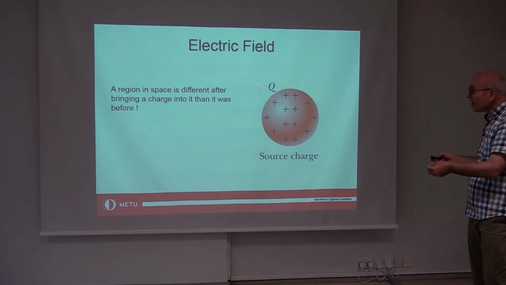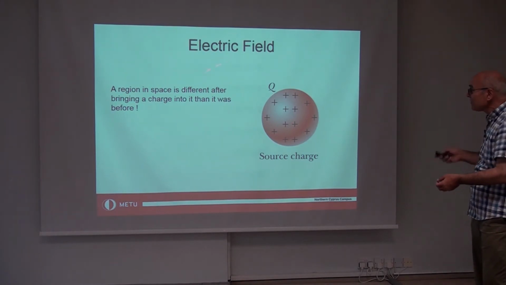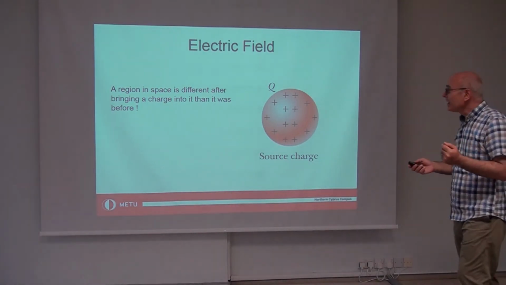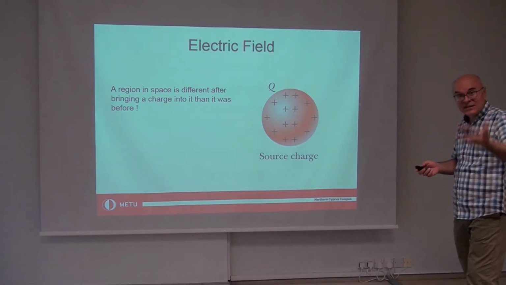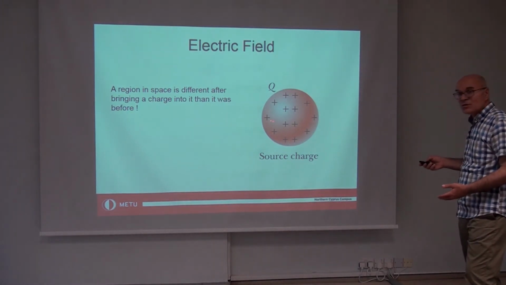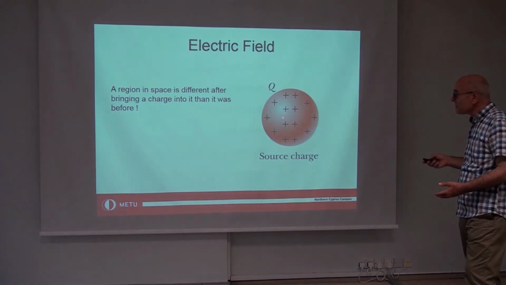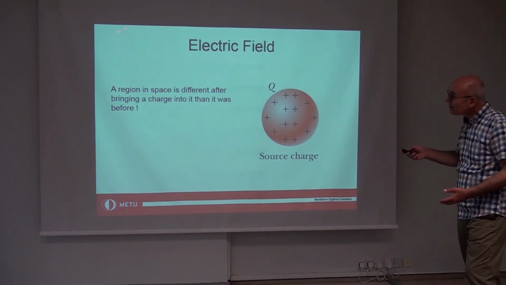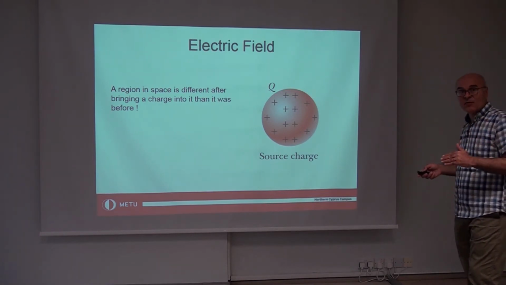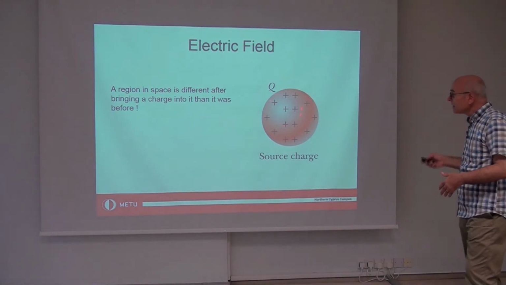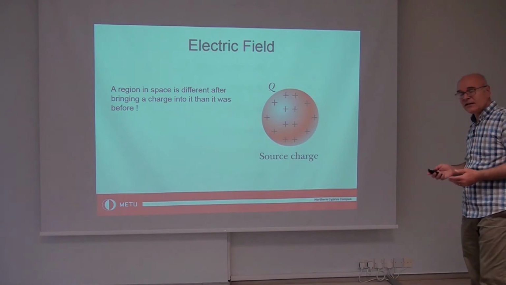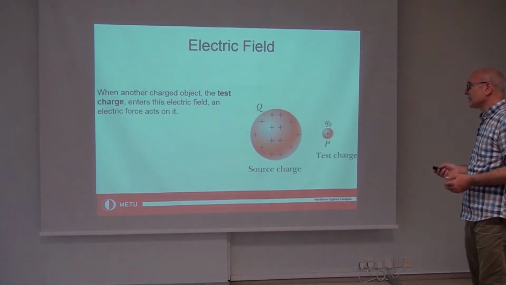After you bring this charge, this area surrounding the charge is now electrified, if you like to call it this way, because there is now an electric field generated by this source charge. So the presence of this source charge in a region of space generates something in that space that did not exist before. And this thing is called the electric field of this source charge. Okay? So this is the idea of the electric field.